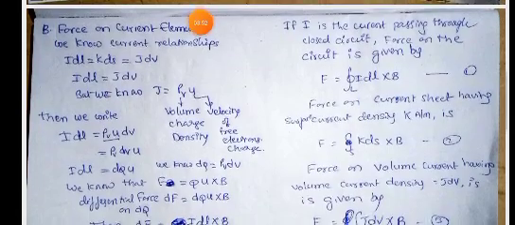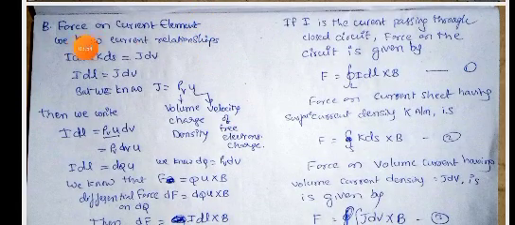Now coming to the force on current element. We know the current relationships: I dl equals K dS equals J dV. So I dl equals J dV, but we know that current density is equal to volume charge density into velocity of the charged particle, the velocity u of the free electron charge, right?